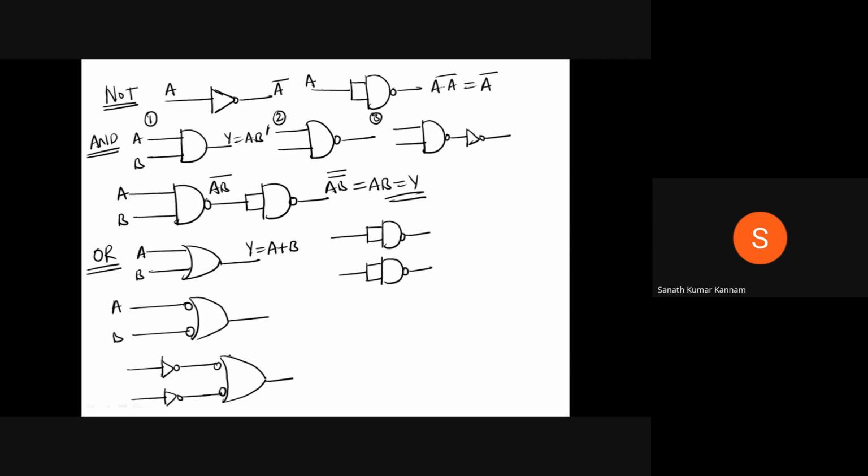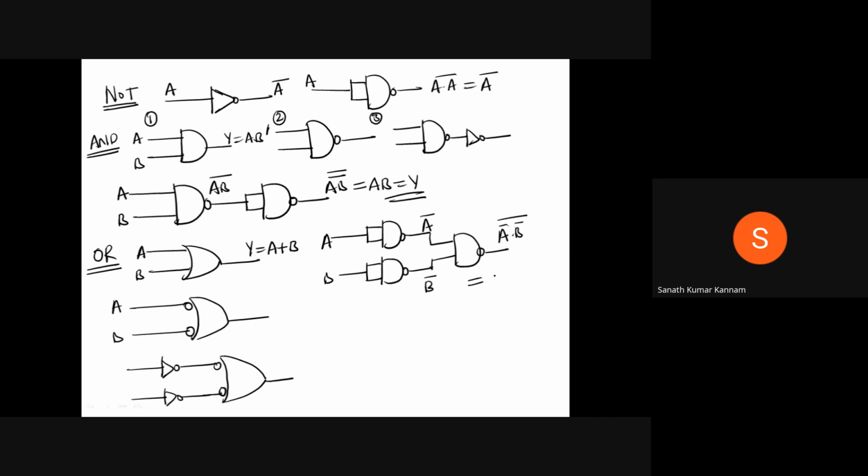Next you see, the bubbled OR is equal to a NAND gate, so this is also a NAND gate with inputs A, B. So this is A bar, this is B bar, and here (A bar and B bar) whole bar.